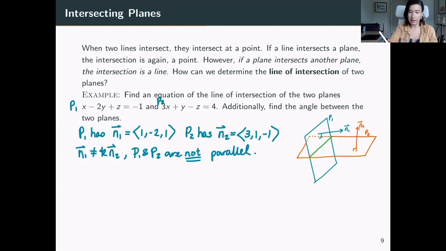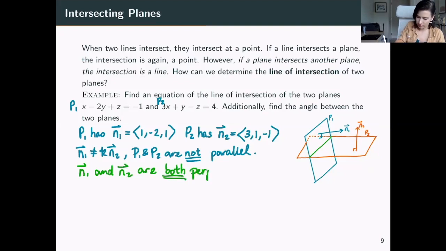So this allows me to write down that N1 and N2 are both, keyword here again, both perpendicular or orthogonal to our line L.